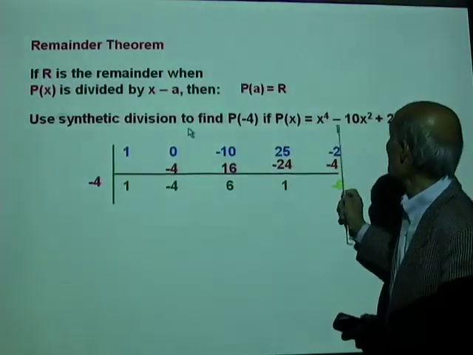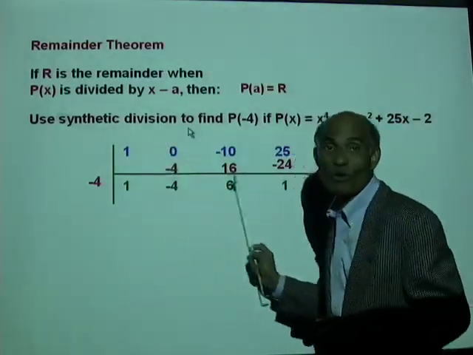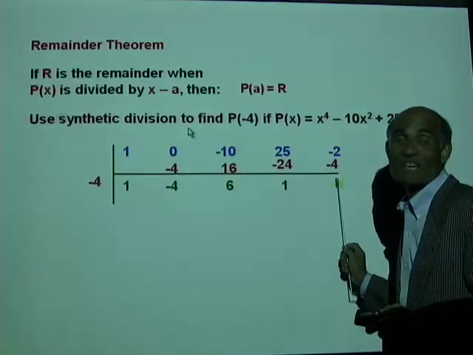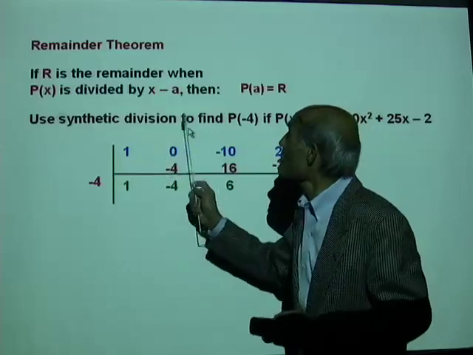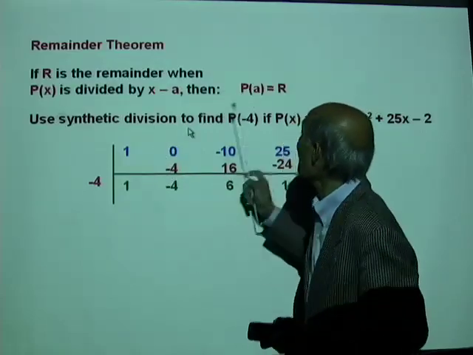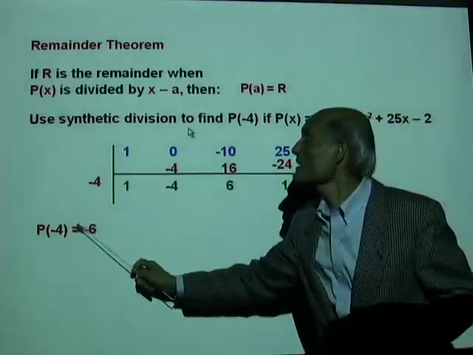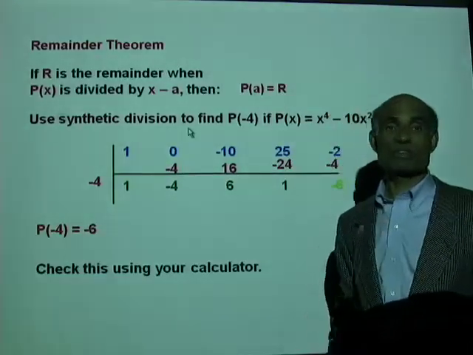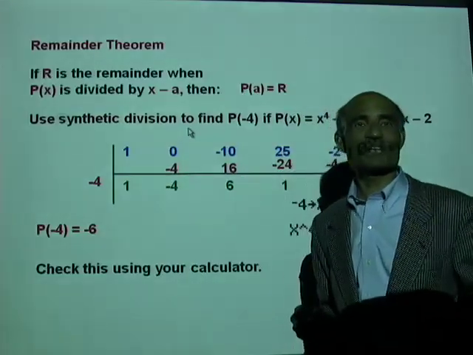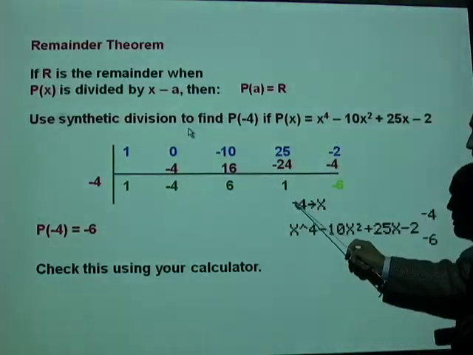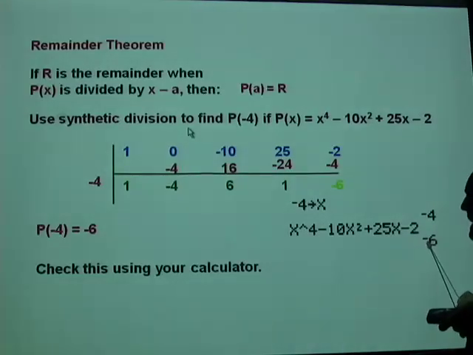So when the polynomial is divided by x plus 4, the remainder will be negative 6. Or, according to the remainder theorem, P of negative 4 will be equal to negative 6. So P of negative 4 is negative 6. Now check this on your calculator just the same way I showed it to you earlier. Like this. Negative 4, store x, and write down the function and enter.